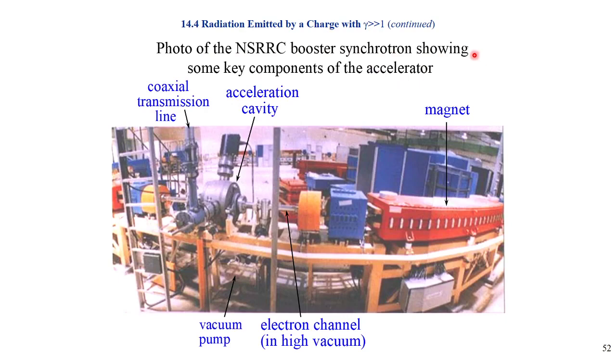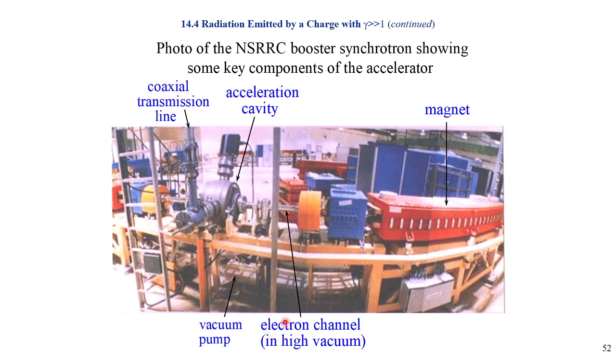This photo shows some key components of the accelerator. Here is a coaxial transmission line. It just transmits the microwave to the cavity. And we have acceleration cavities, some tuners, and a pumping station to pump the vacuum to a very high value.